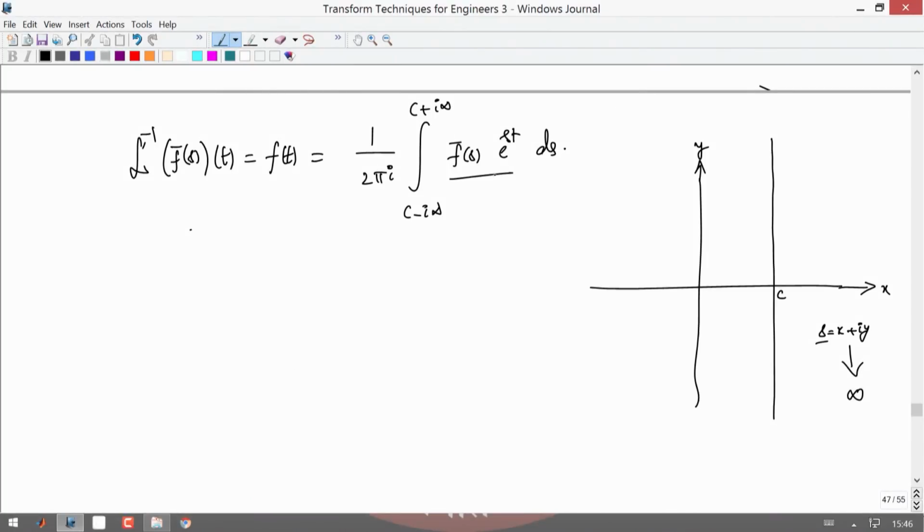So, what I do is make a circle out of this as a contour. This is called the Bromwich contour.